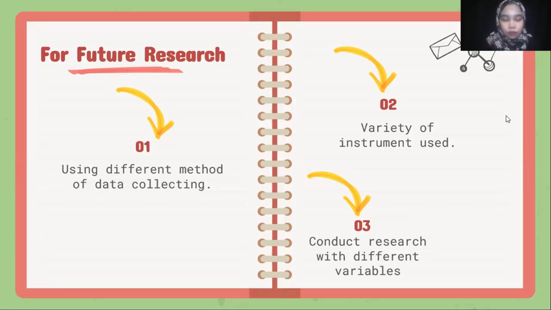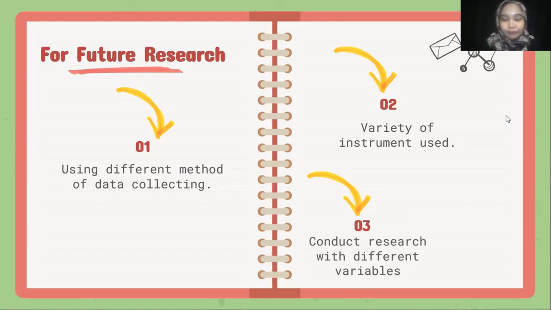This would be much easier since social media is near to the respondents nowadays. Next is to conduct research with different variables. I would like to suggest that the next variables would be employees' cooperation and employees' performance towards green innovation practices.